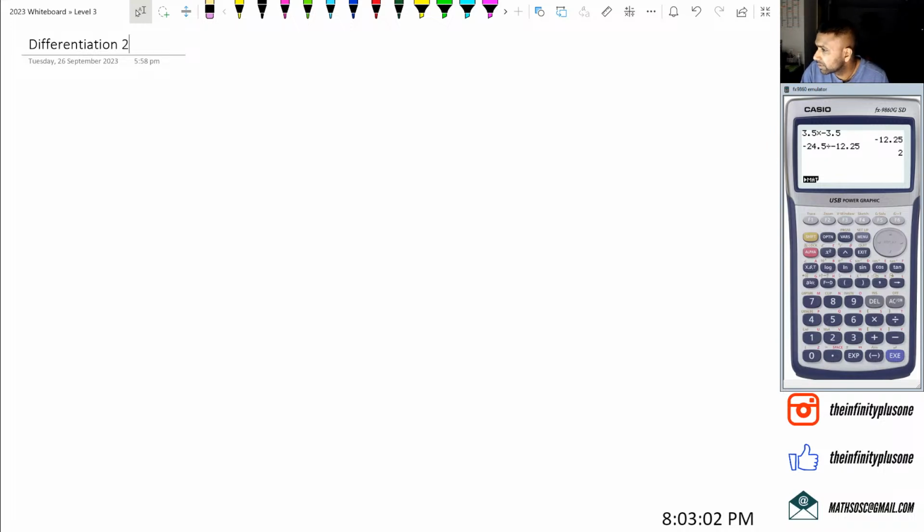Level 3. Okay, give me a second. I'm just copying the question and pasting it. Where did I paste? Differentiation 2.